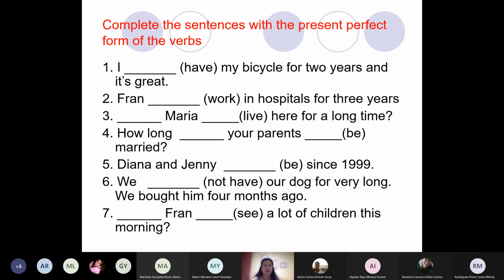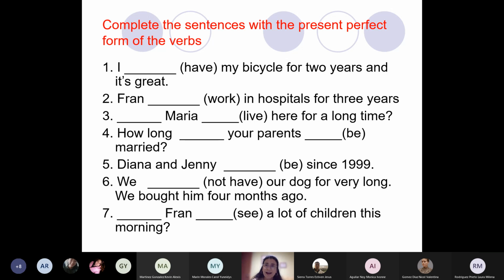Nicole: Diana and Jenny have been single since 1999. It's better to say, Nicole, 1999. Okay, 1999. Very good.